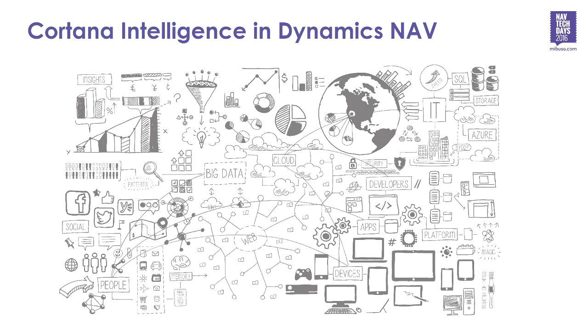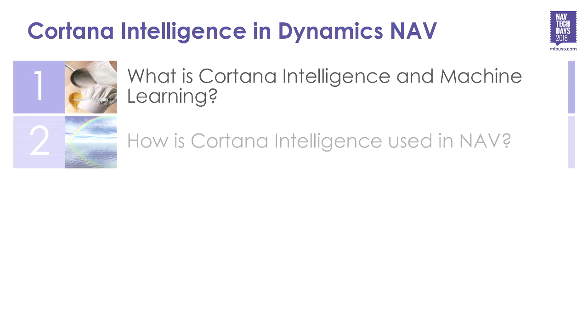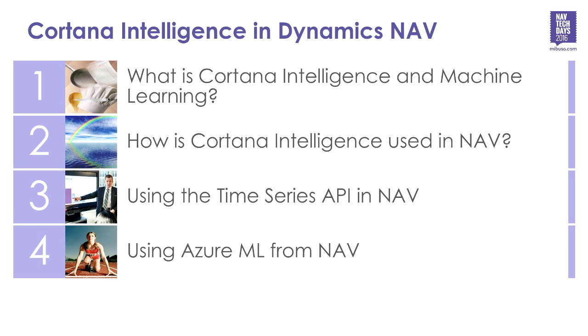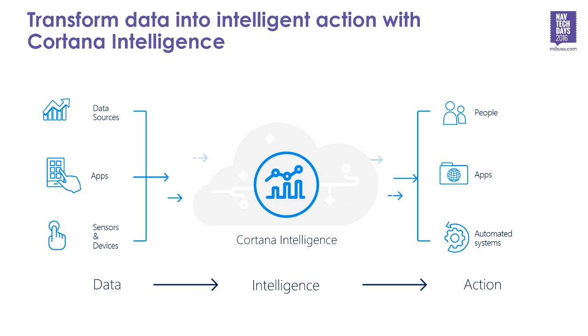What I'm going to do is talk about what Cortana Intelligence is, and I'm going to focus specifically on machine learning, because that's what we have focused on in NAV 2017. I will give some examples of how Cortana Intelligence is used in NAV, show how you could use Cortana Intelligence directly using built-in APIs, and also how you can use Cortana Intelligence integration.